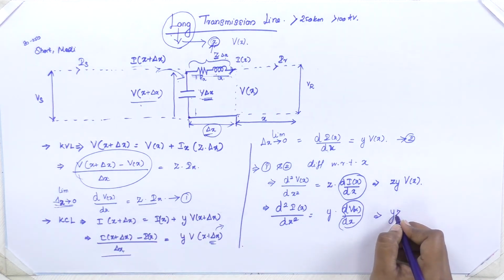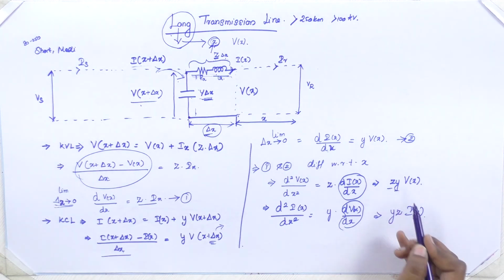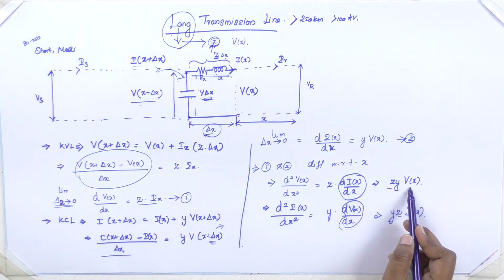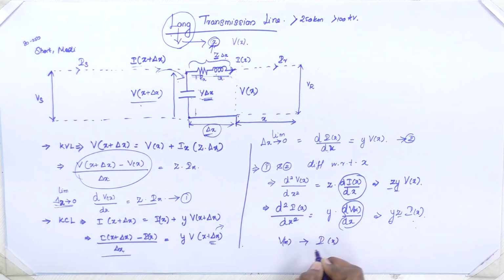So y z into I of x. So from this term, if we know the value of z and y, we are able to find Vx and Ix. So Vx and Ix, this is the voltage and current of the long transmission line at a particular point x.